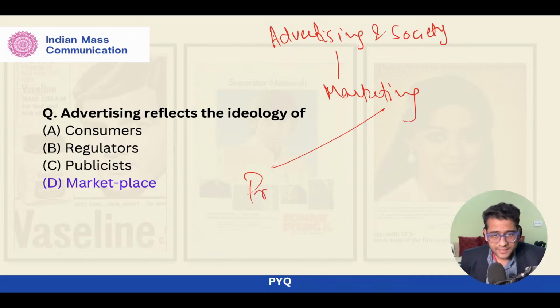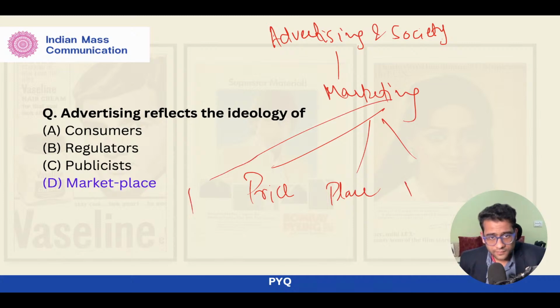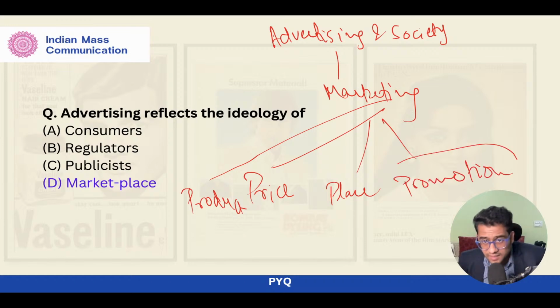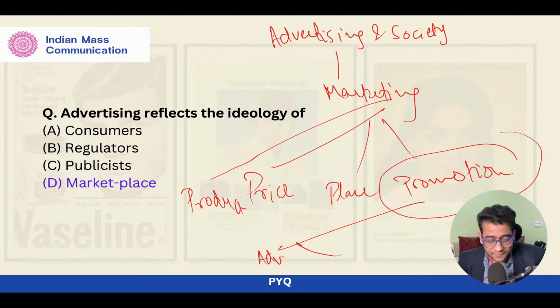So it is price, place, product, then promotion. Advertisement is part of the promotion mix which has other methods like personal selling, publicity, direct selling, word of mouth.